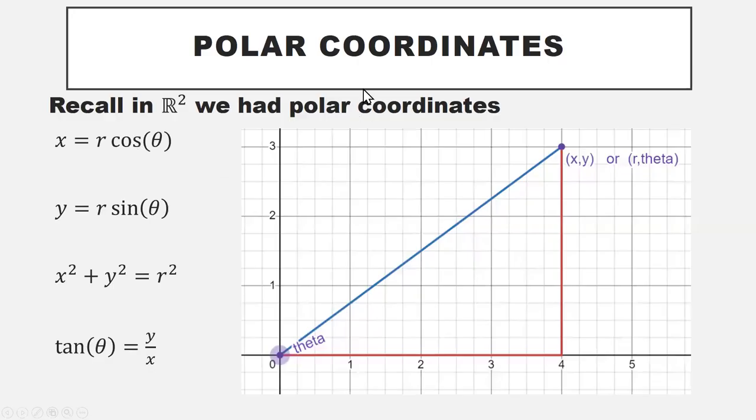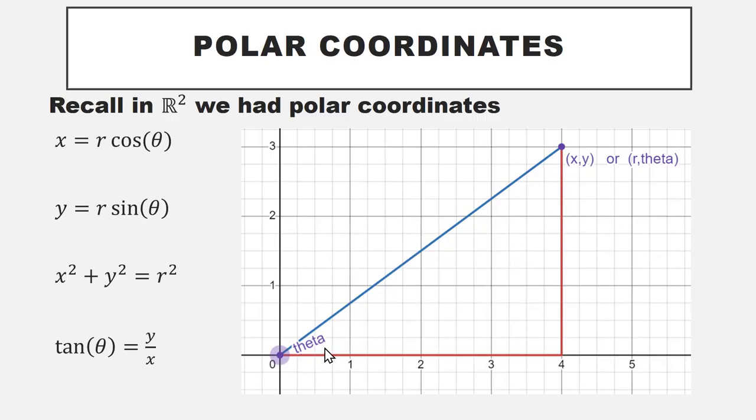Now, when we were in two dimensions, we had our regular rectangular coordinates, but we also could convert to polar coordinates using theta and r.